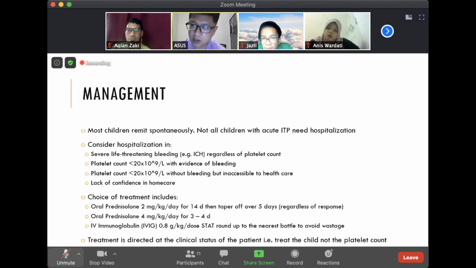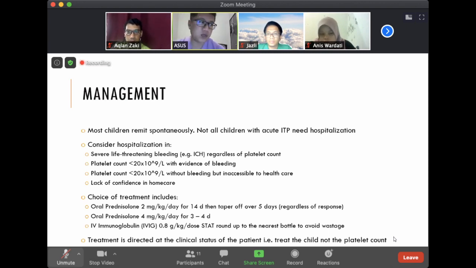Just like ITP, the data show it may be associated with preceding infection, viral or bacterial, but nobody knows how long before, can be 1 week, 2 weeks, 1 month, right? So same as ITP, usually when they come in with the acute condition, they don't have fever. They come in mainly because of the rash and bruising.